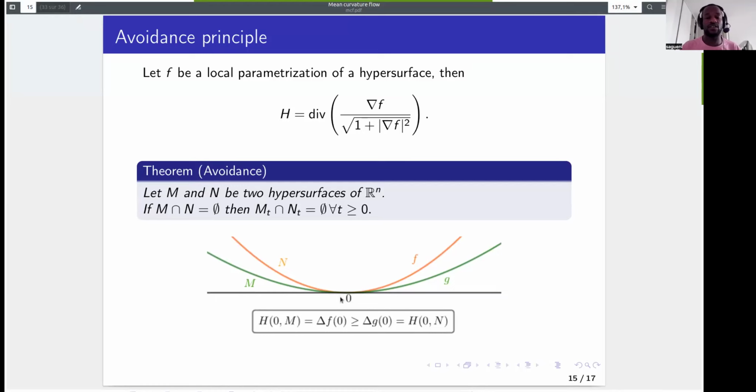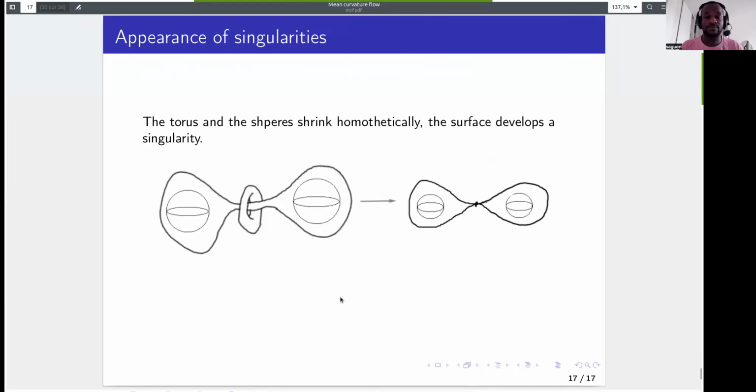But in higher codimensions, the hypersurfaces may be interlaced, so you cannot tell which is inside which. It's like a topological constraint. If you can say which is inside, you can prove they avoid each other, but as they're interlaced, you cannot predict how it's going to evolve.